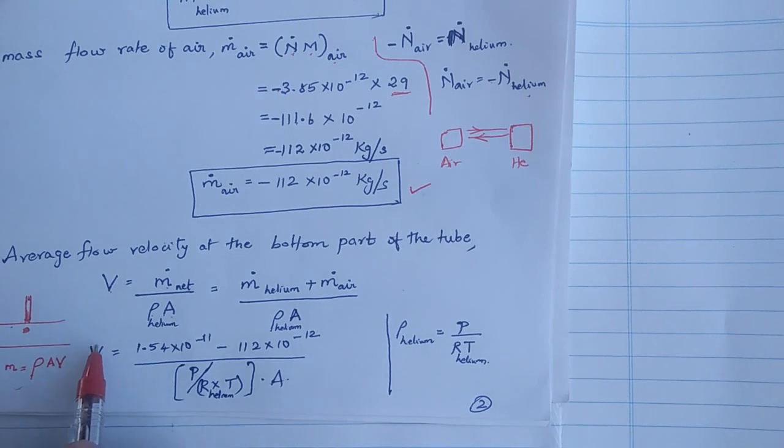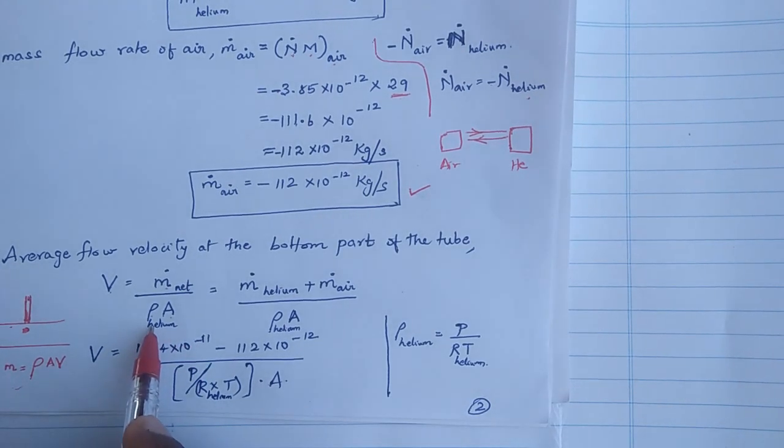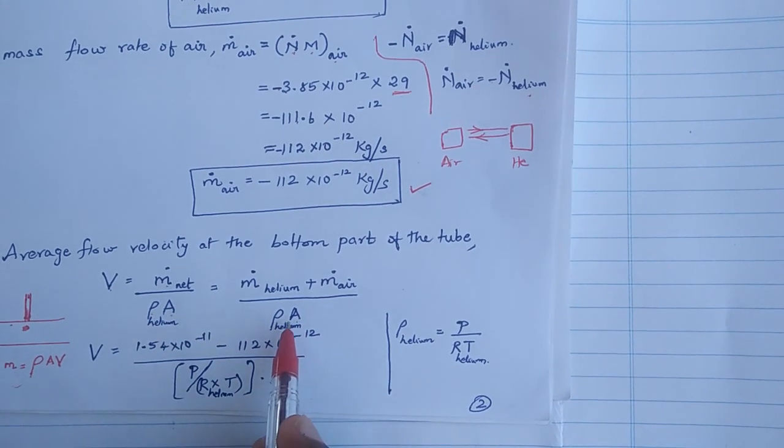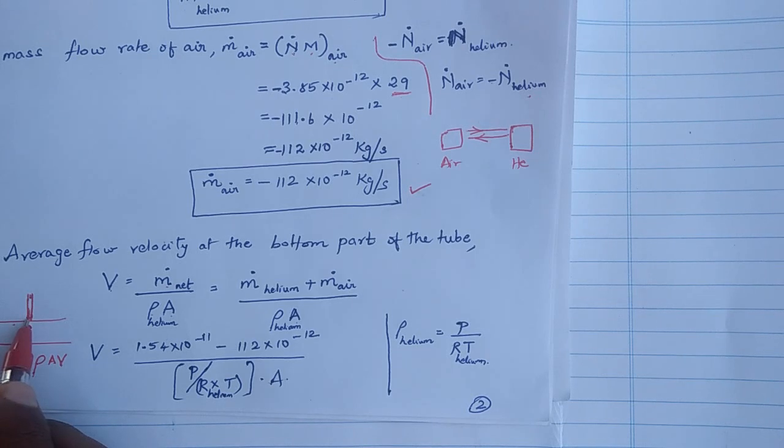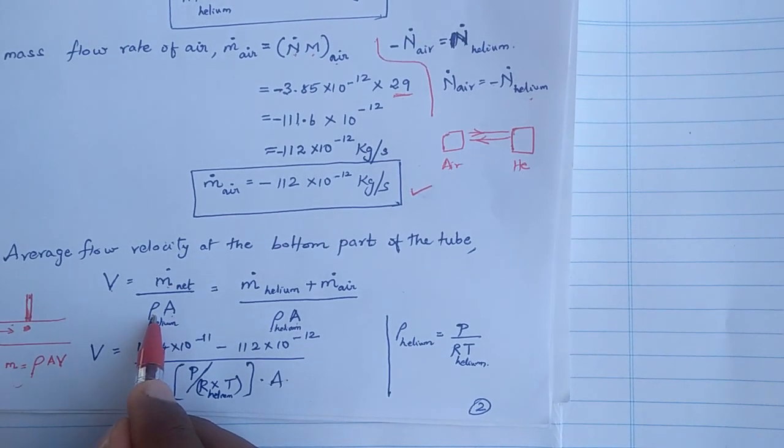So at the bottom helium gas is traveling, so you have to take the density of helium and the area. This area is already calculated, the cross sectional area of the tube, and since helium gas is passing, you have to take the density of helium for calculation.